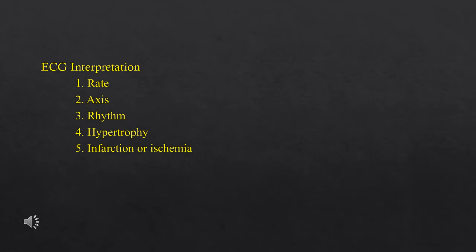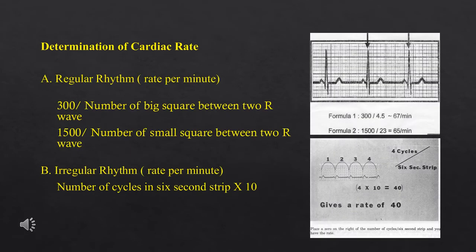For ECG interpretation, you have to take note of the rate, axis, and rhythm. Is there any chamber hypertrophy? And is there any infarction or ischemia? For the determination of cardiac rate or heart rate, you have to take note if you have a regular rhythm or irregular rhythm.